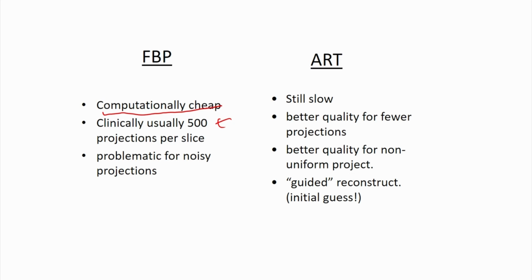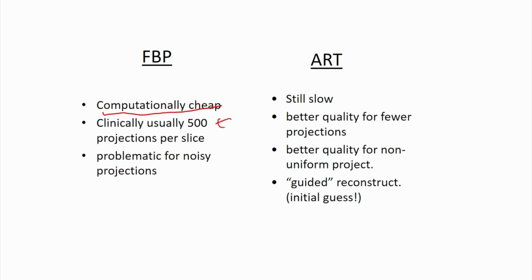ART, the major problem with ART is that it is very slow, okay, because you have to do a lot of processing here. So, this is very slow. The projection quality is very good, okay. So, you get a very good quality projection. Non-uniform objects, again this is very good, you can handle non-uniform objects here also, and the reconstruction in this ART is very good and depends on the initial guess, and you have a guided reconstruction.